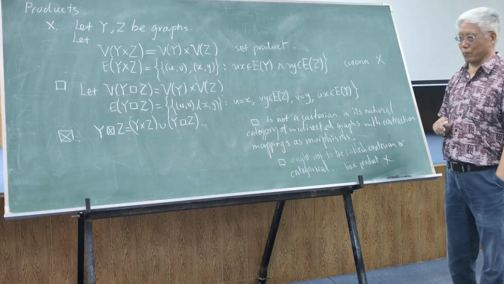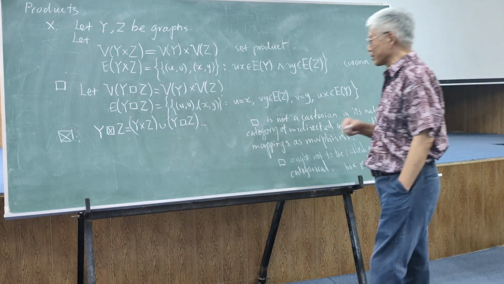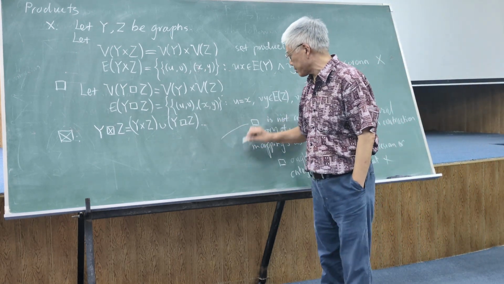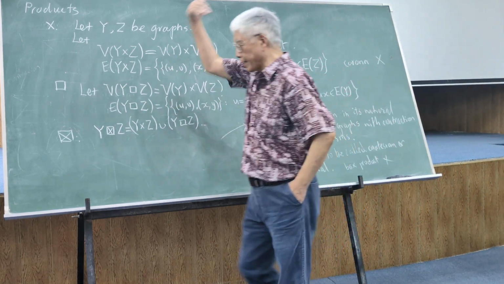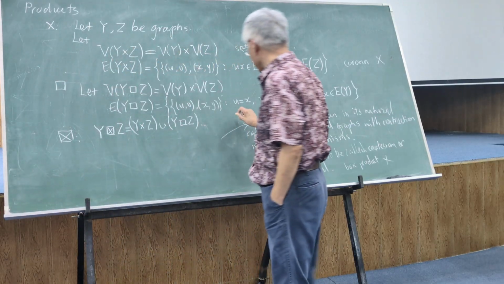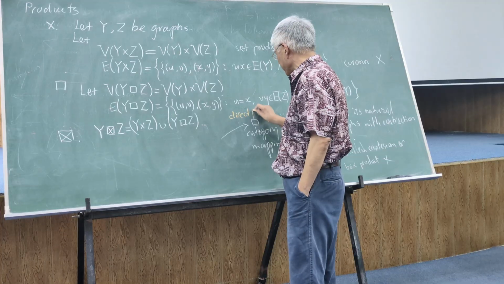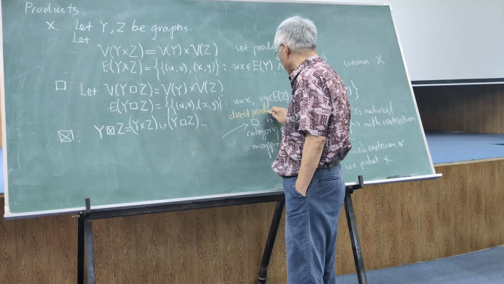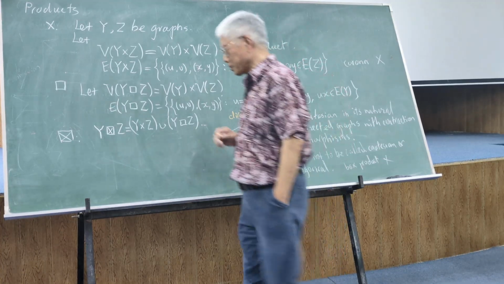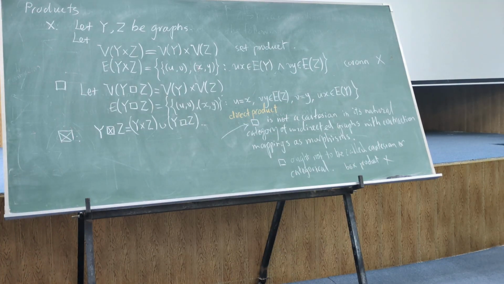I can suggest a name for this product, which is known in mathematics. It can be called the direct product, because it's direct. My suggestion is direct, but no graph theorist is listening to me even after my paper is published. Doesn't matter. Let them make mistakes. I don't make mistakes. It can be called direct product.